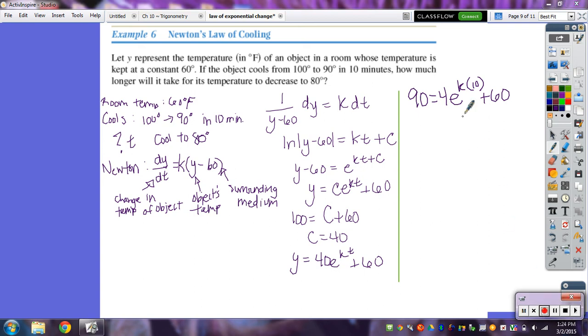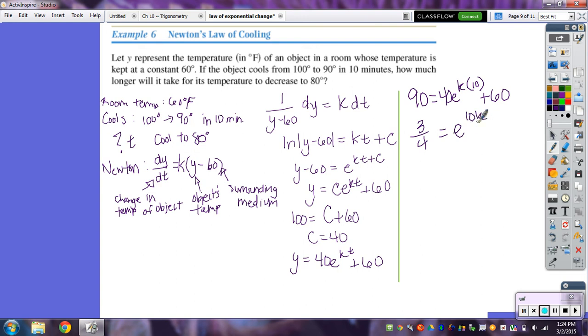And I just realized that I should have put in 40 here instead of 4. Knew something was off, so 40 e to the kt. So, excuse me, you don't divide by 4, you divide by 40. So that would be 30 over 40, which is 3/4.